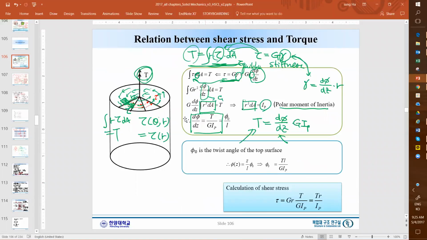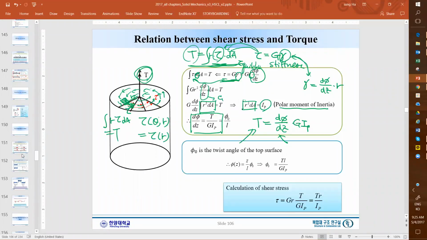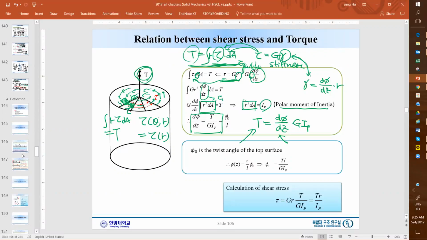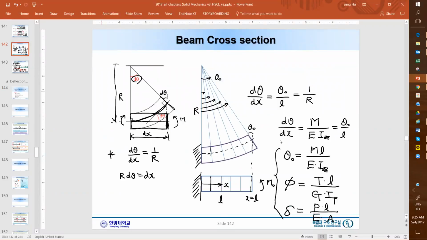That is the rotation at the top end where the torsion is applied. That's the deformation, all the deformation we are interested in. But in a beam, there is another very important issue, which is the deflection due to bending. This is the additional topic we have to add to the previous derivation.